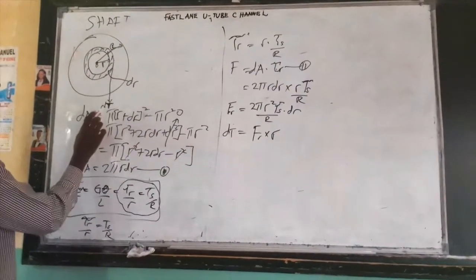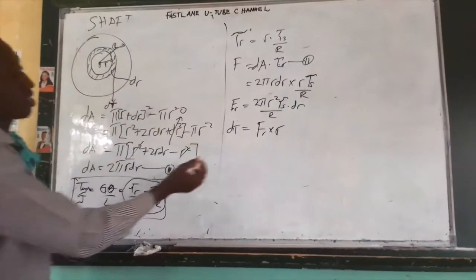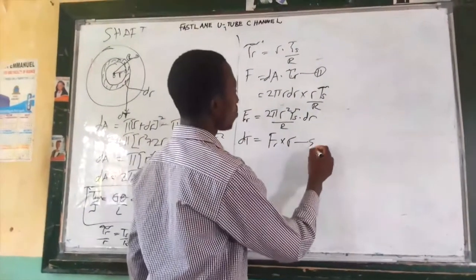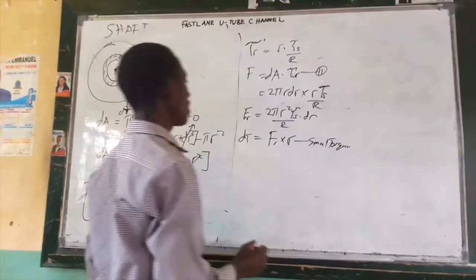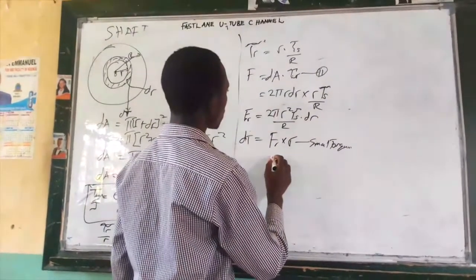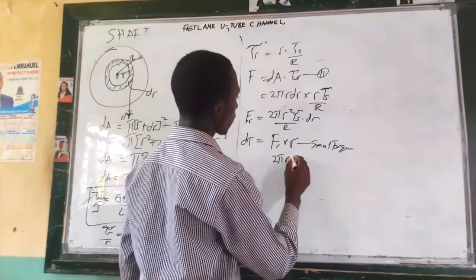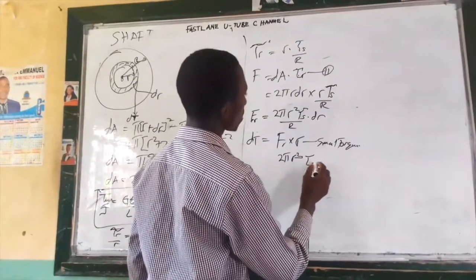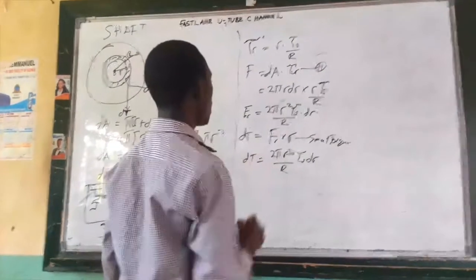So the force times r gives us the small torque acting on the element. Substituting for the tangential force, this makes 2 pi r cubed times the tangential stress at the surface, dr over R, equal to dT.